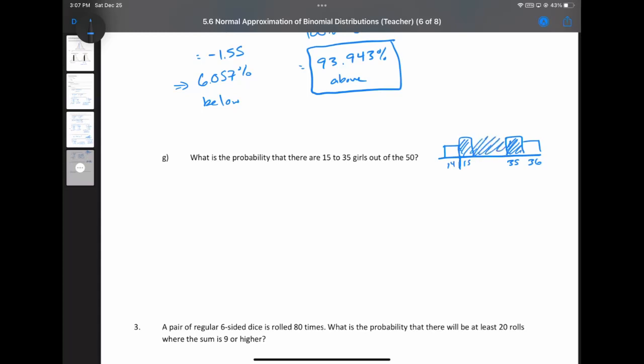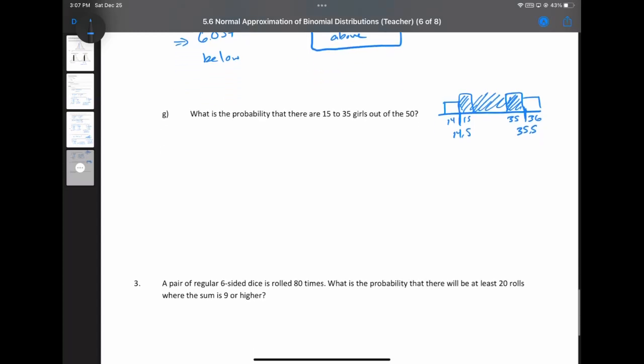So our breaking points will be 14.5 and 35.5. Okay, so that gives us two z-scores that we need to work with. Z equals 14.5 minus 25 over 3.54, and Z equals 35.5 minus 25 over 3.54.